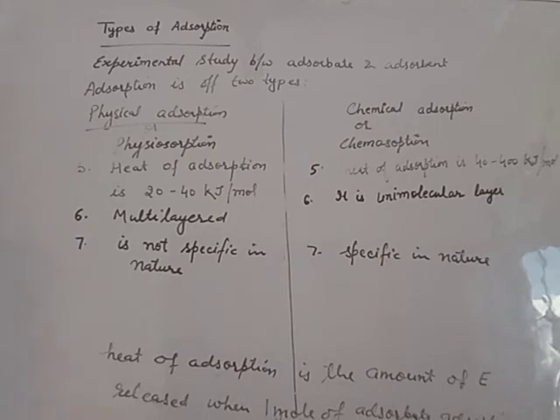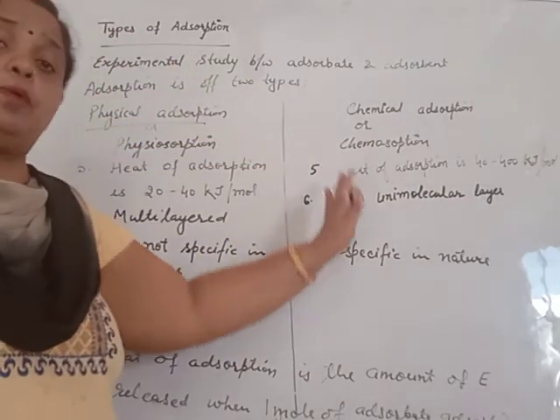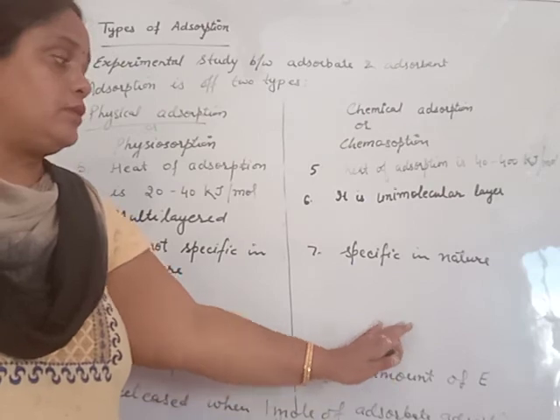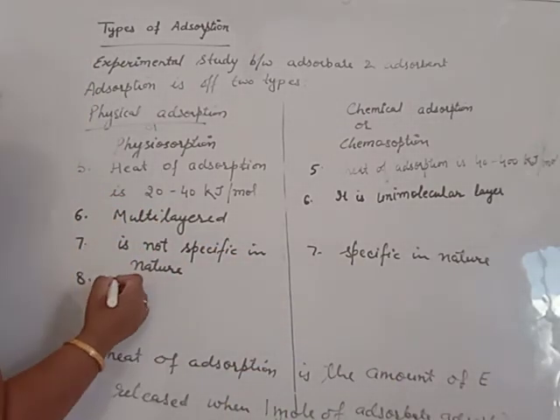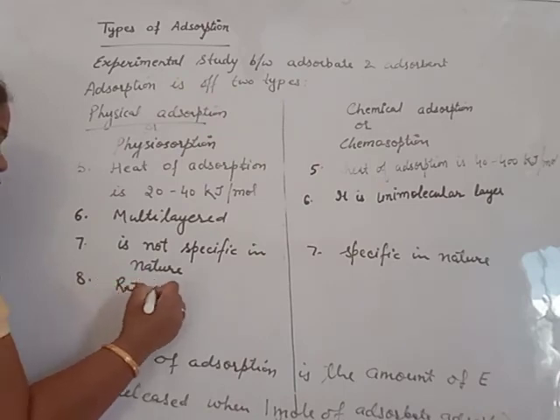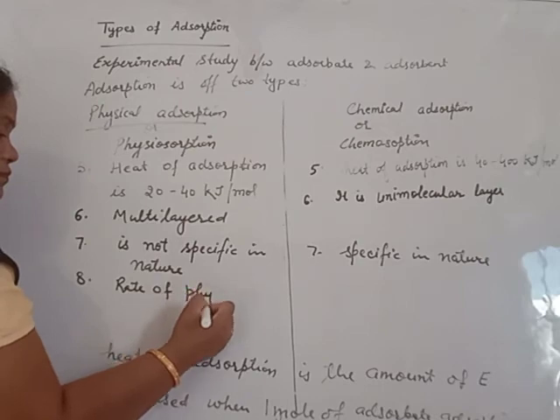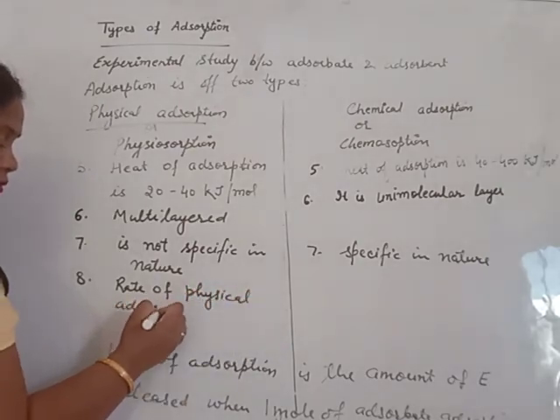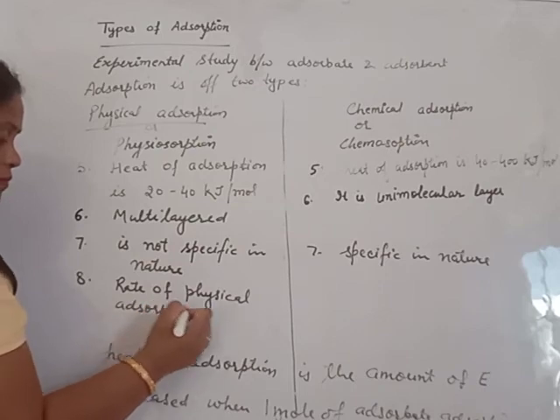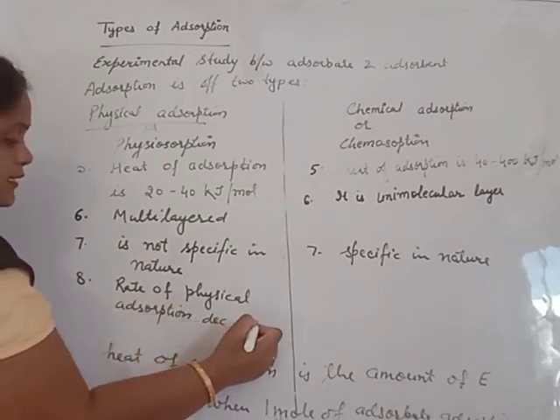One more point, that is temperature. Beta, if we increase the temperature, adsorbed gas will be dissolved. But here chemical bond is formed, so temperature does not affect it that way. We can say rate of physical adsorption decreases with increasing temperature.